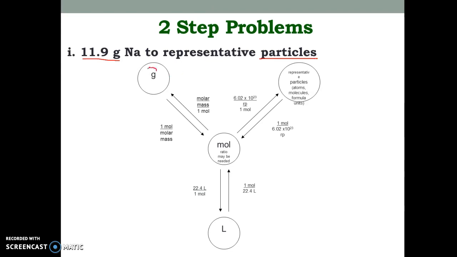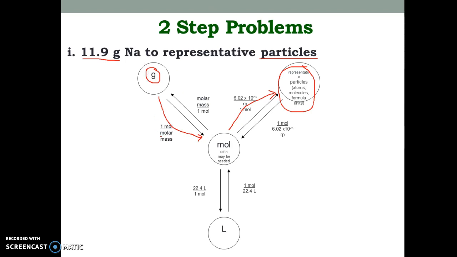I'm starting at grams, I'm going to particles. If I look here, there is no one conversion from grams to particles. So it must be a two-step problem. First I must go from grams to moles, and then moles to particles.